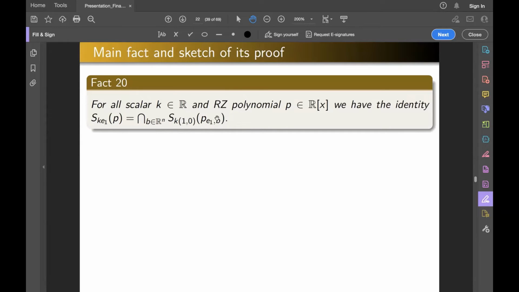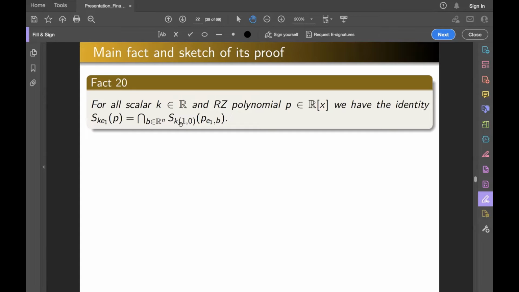So these are restrictions of P to the plane spanned by the first unit vector and another, arbitrary vector, and then you take the relaxation in that plane with respect to the line spanned by the first unit vector.